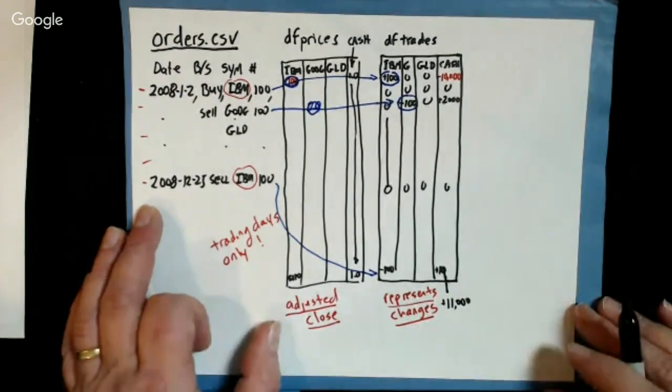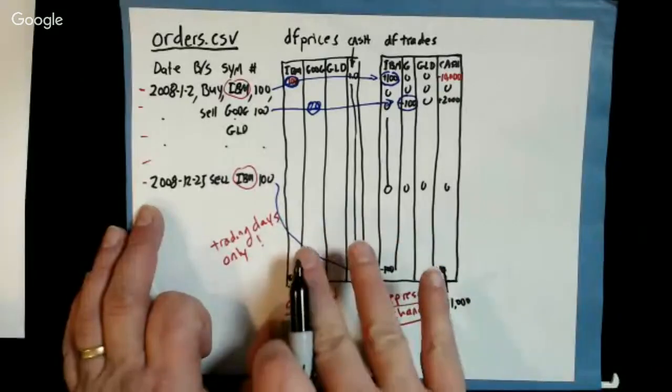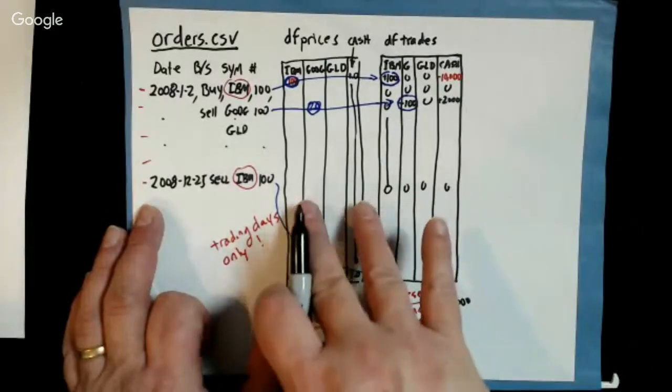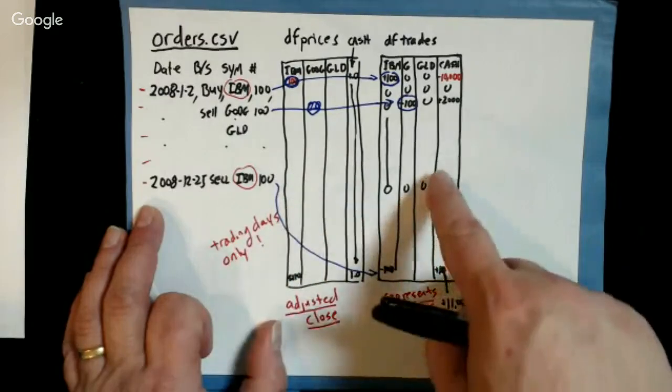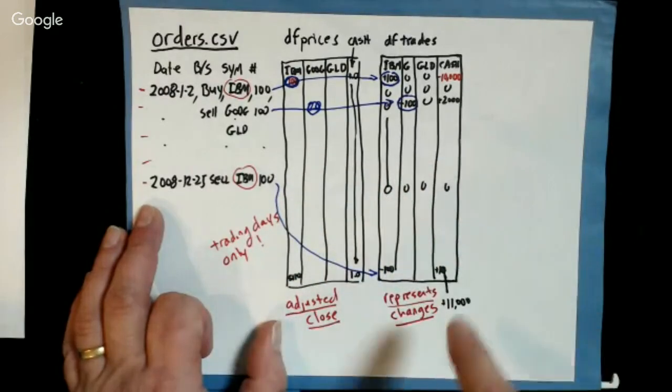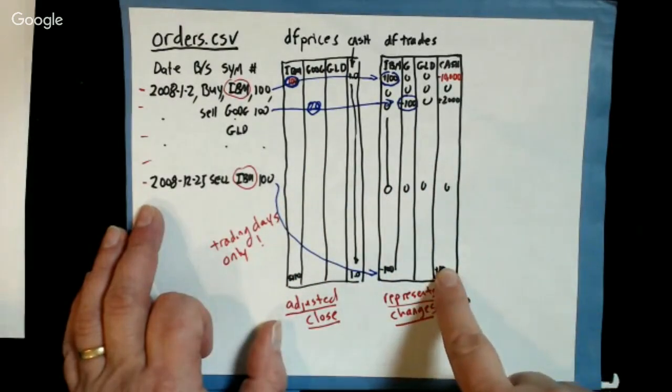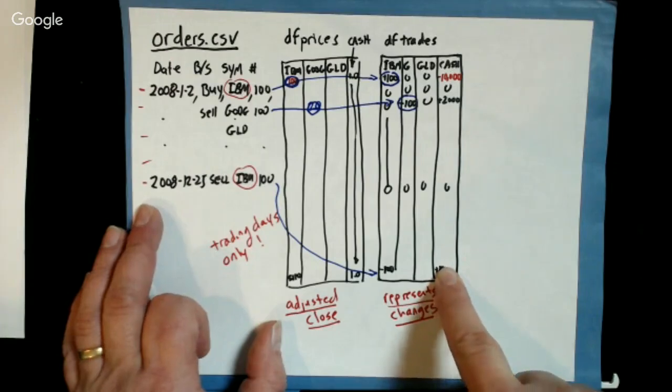Okay. So we have so far two matrices. First is our prices matrix. Next is our trades matrix. And I'm going to pause for a second and see if anybody's got any questions that I can answer before I go to the next step.